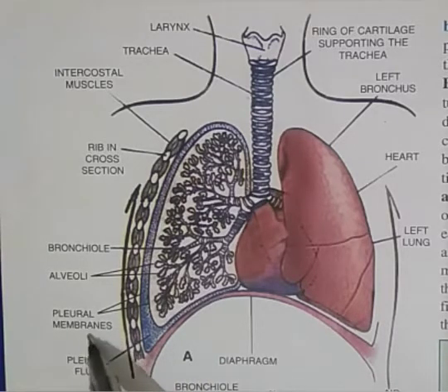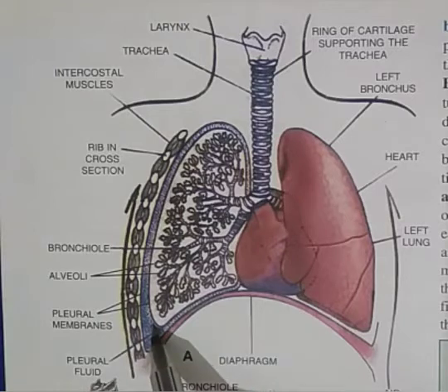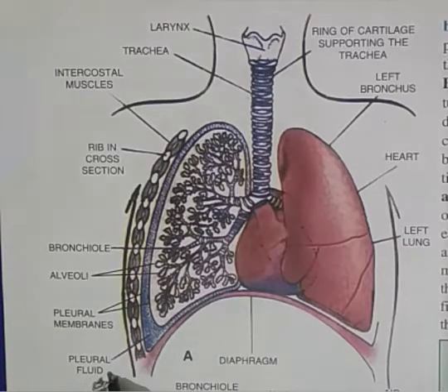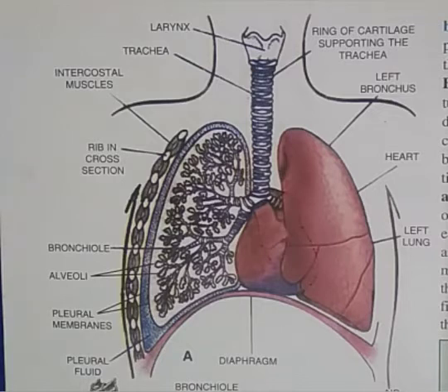It is filled with a fluid, known as the pleural fluid. What is the role of this fluid? Actually, it helps to prevent any external shocks, as well as it reduces the friction between the lungs, chest cavity and the rib cage.